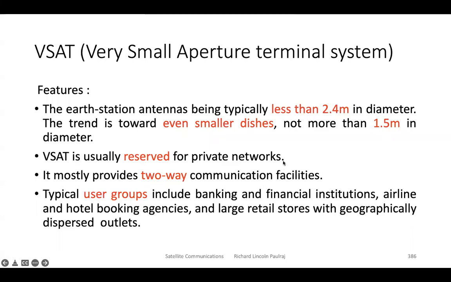I think you would have heard of VPNs, virtual private networks. Usually we employ these kinds of systems where there are private networks, where you need to have a private channel of communication. In that case, this VSAT comes into the picture.